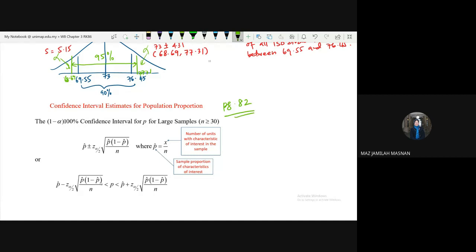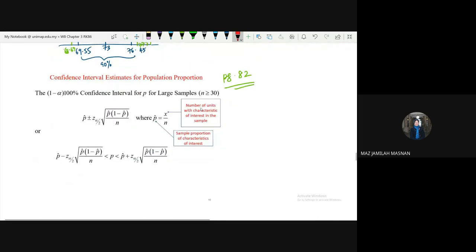Compared to the confidence interval estimate for population mean, which has a few conditions, proportion is kind of straightforward. You will never deal with conditions for the calculation, because usually proportion involves a large sample size.